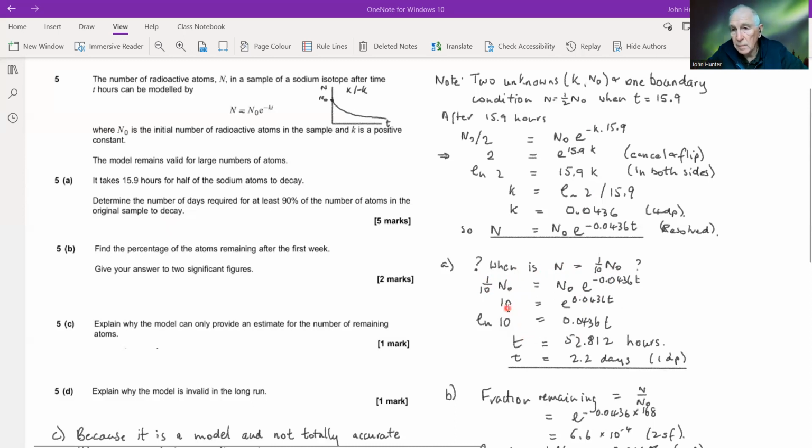We reciprocate both sides, take the natural log to get t on the subject, then rearrange, and t equals 52.812 hours, which gives us 2.2 days to 1 decimal place.